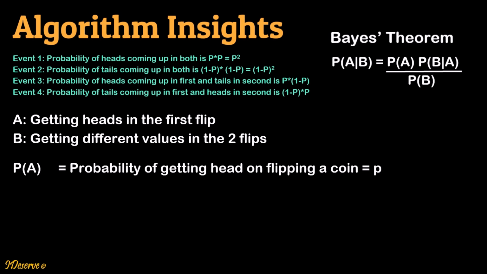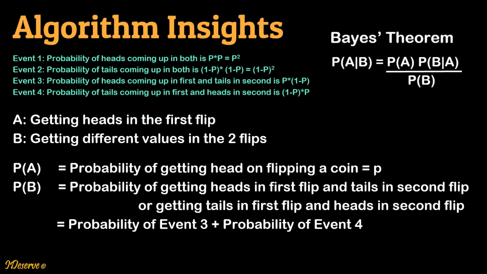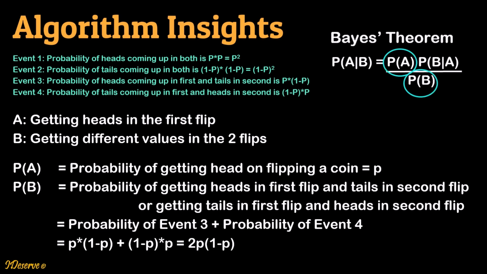So it is same as probability of getting heads in the first flip and tails in the second flip, or getting tails in the first flip and heads in the second flip, which is same as probability of event 3 plus probability of event 4. So it is P into 1 minus P plus 1 minus P into P, which is equal to 2P into 1 minus P. Now if you look at the Bayes' theorem at the top, we have already calculated P of A and P of B.